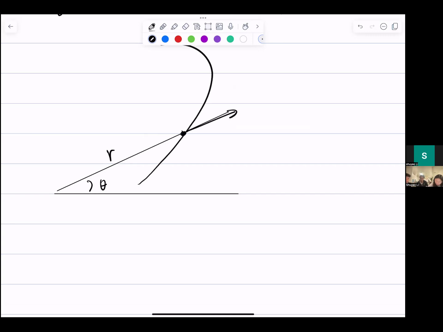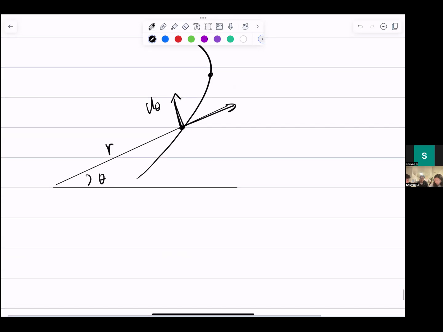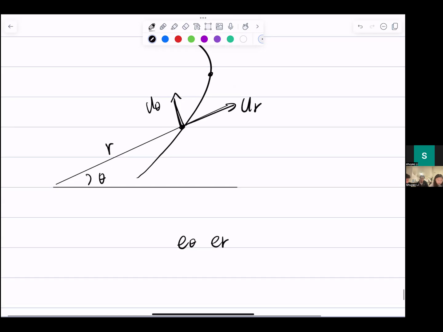If my particle is going in this direction, we want to analyze this point. We take the line perpendicular to the radial line as the theta direction. To clarify, it's u theta here, but when we write it in notation, we use e theta and e r. This is the u r component.